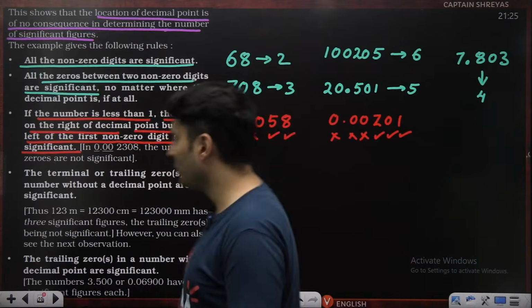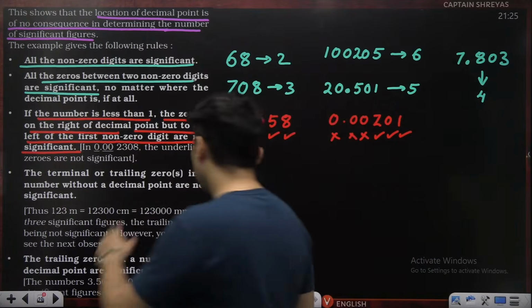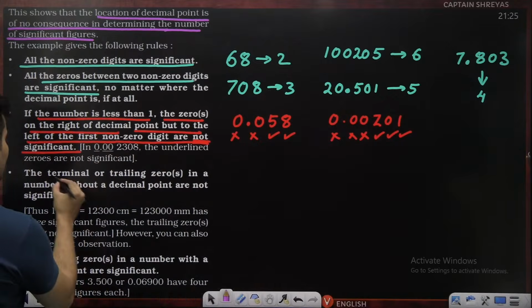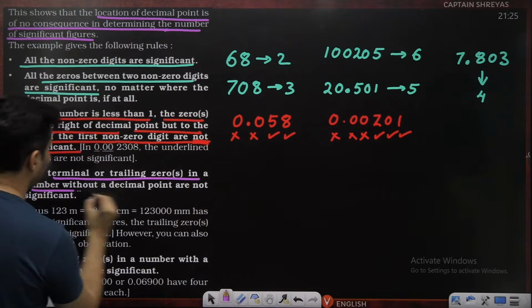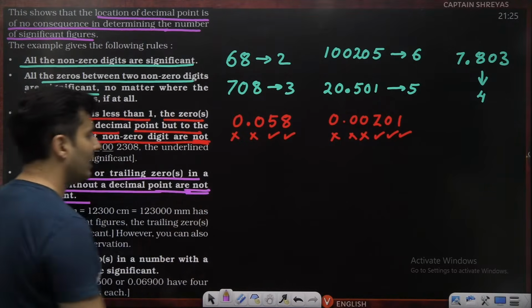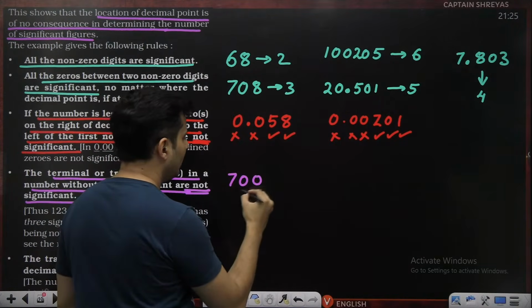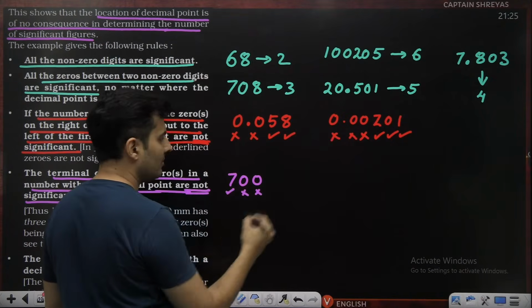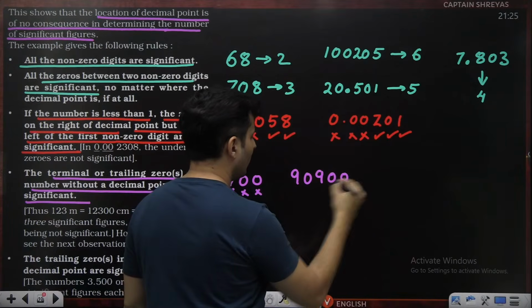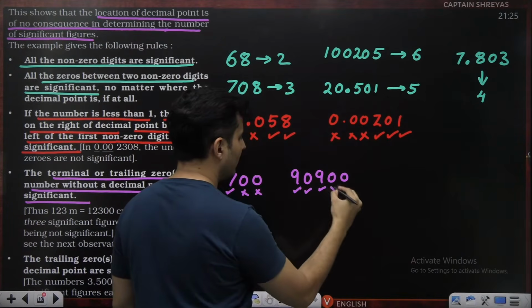So let me explain this to you. First of all, terminal or trailing zeros in a number without a decimal point are not significant, very, very important. Like for example, 700: these zeros are not significant, this is significant. Or 90900: this and this are significant, these two are not.